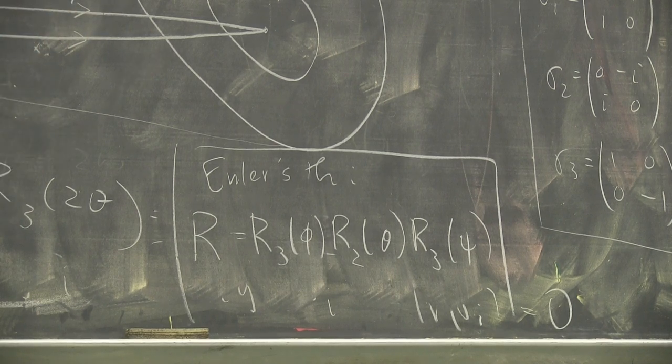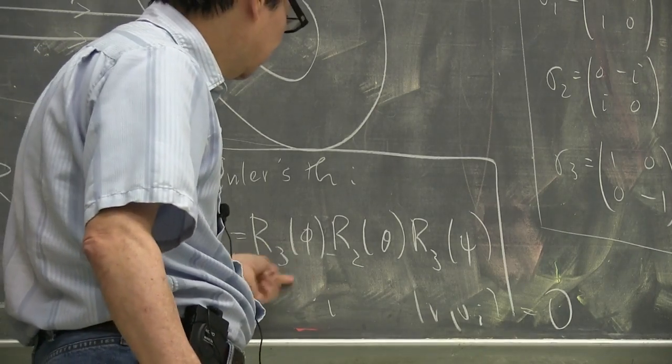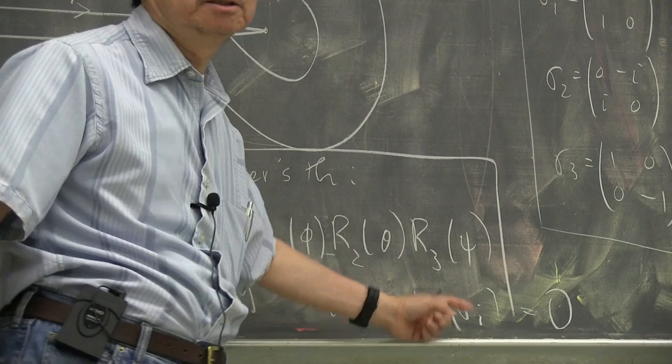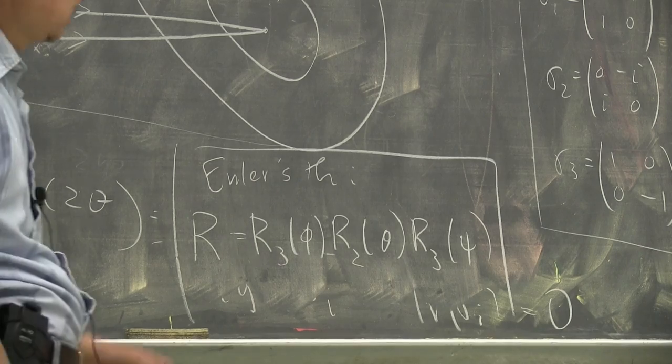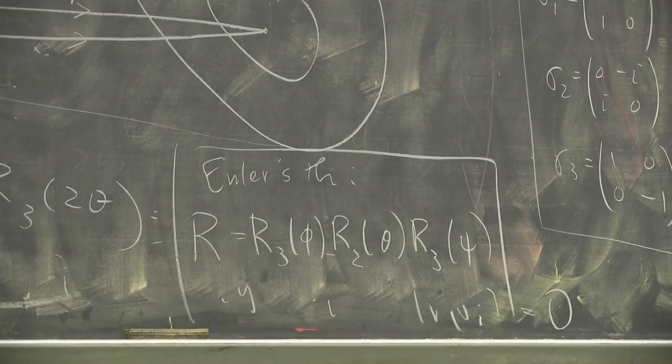Okay? So we have found all the SU2 matrices which correspond to some R3. So all we have to do is to find another kind of SU2 matrix which corresponds to R2, rotation about a second axis.